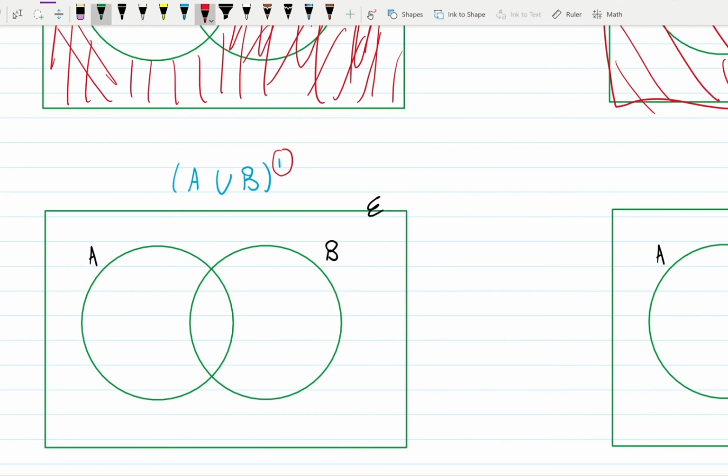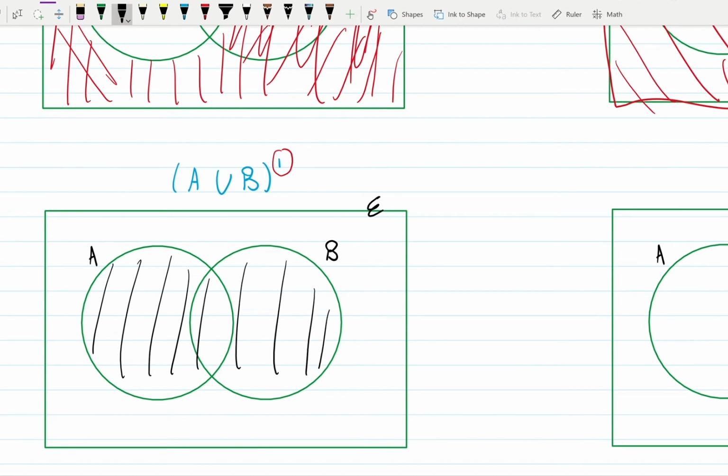So remember before, we said that A union B is going to be everything in both A and B, right? And we also said that the complement really just means if whatever's in these brackets, we're looking at everything outside of that.